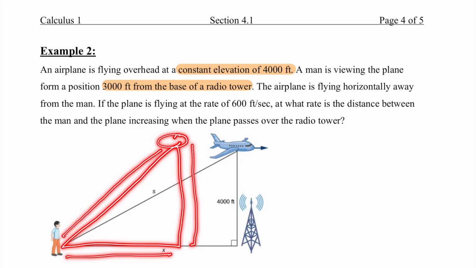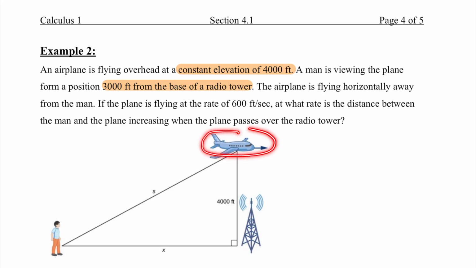And this distance is something else. When the plane gets here, this distance is 4,000. This distance is 3,000. And this distance is something. So in this triangle, 4,000 does not change. It's a constant. The horizontal distance x changes. And the distance from the man to the airplane also changes.